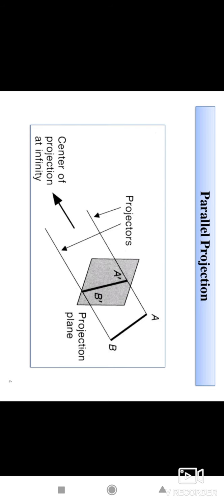And here we have the center of projection. The center of projection is the point at which the projected lines converge to a single point. That point seems to be at infinity because they are projected along parallel lines.